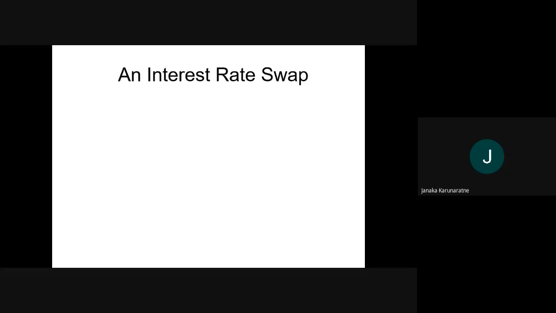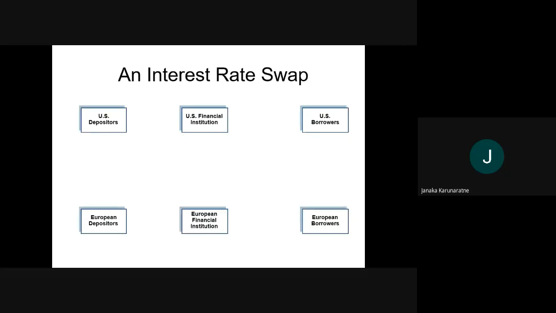Now, how can a swap be structured? So these two parties get together. Now, US financial institutions, US depositors, US borrowers, European financial institutions, European depositors, European borrowers. So US financial institutions take short-term deposits from the depositors, but pay interest on deposits.